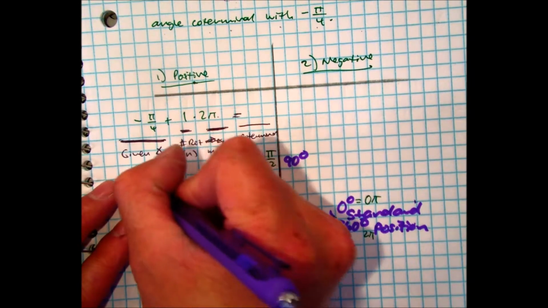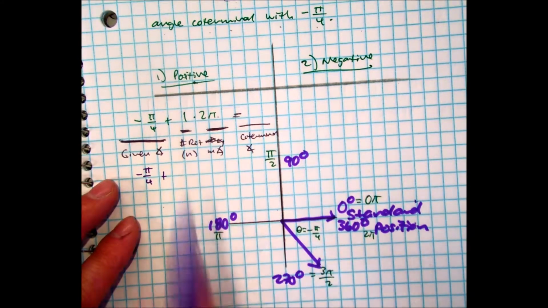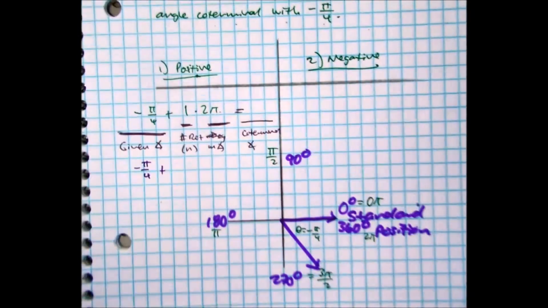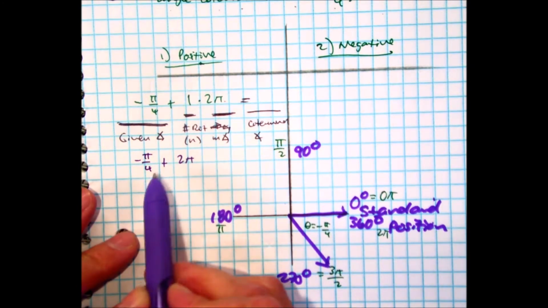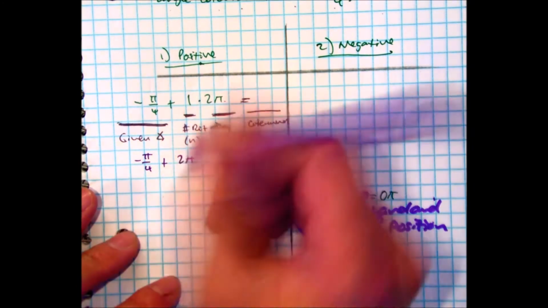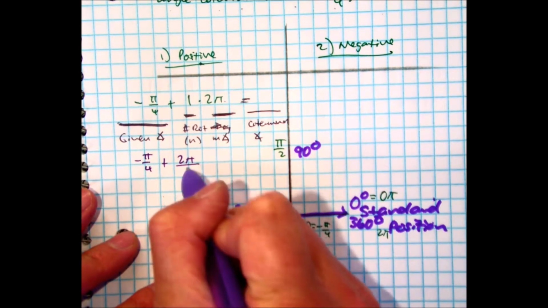Let's just fill that in. So I have negative pi over 4 plus, class, what's 1 times 2 pi? I have a whole number added to a fraction. Can I add those? No. So we're going to make this a fraction by putting it over 1.